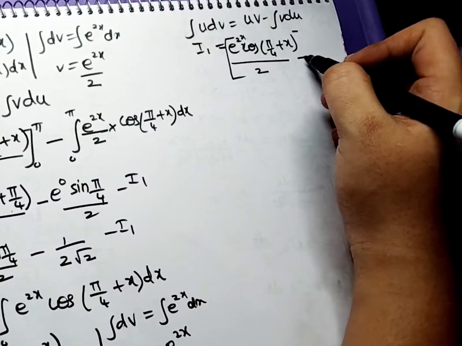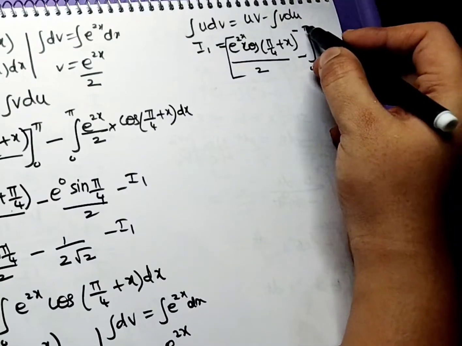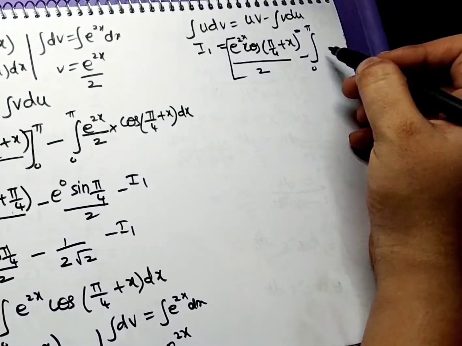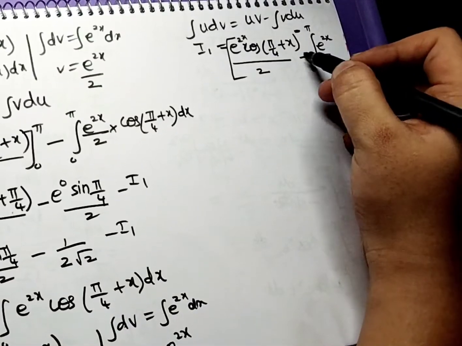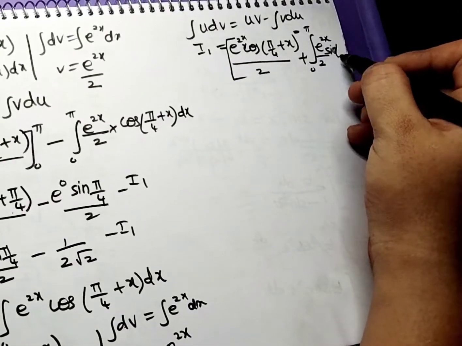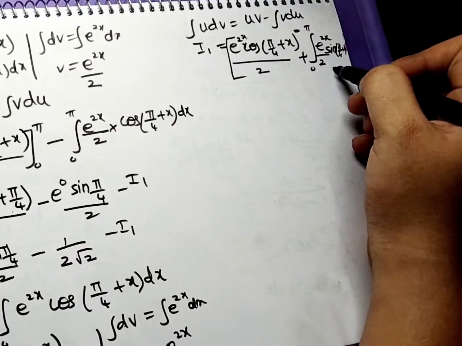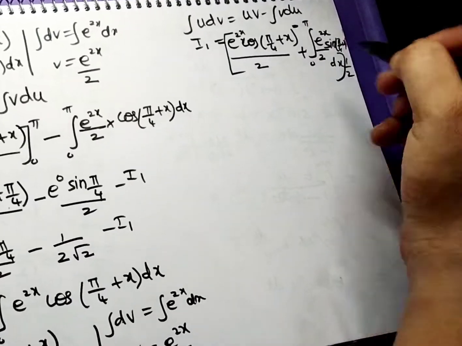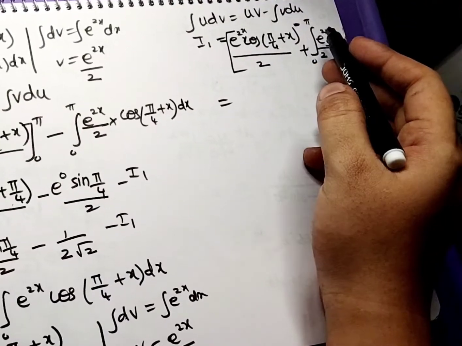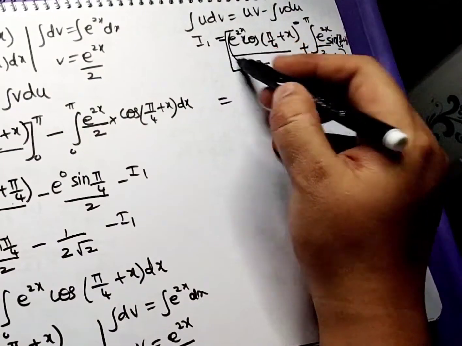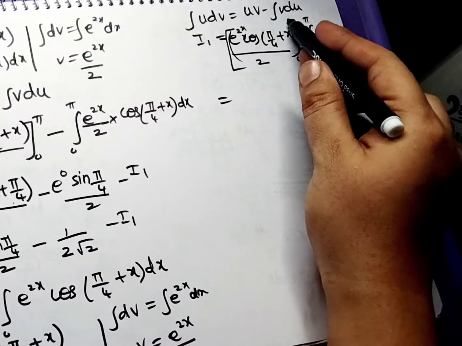At last we will do minus integral 0 to pi v du, that is e power 2x by 2 minus sine, so this will become plus sine of pi by 4 plus x dx into 1 by 2. We will multiply this 1 by 2 inside. So upper and lower limits we have for this. 0 to pi.